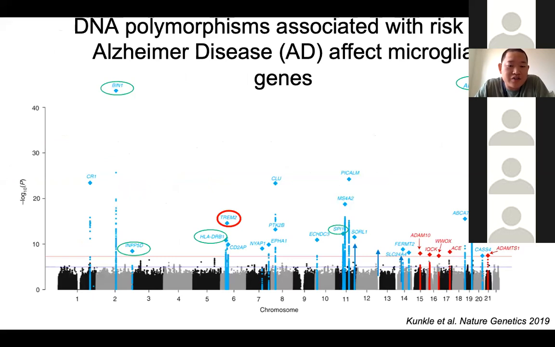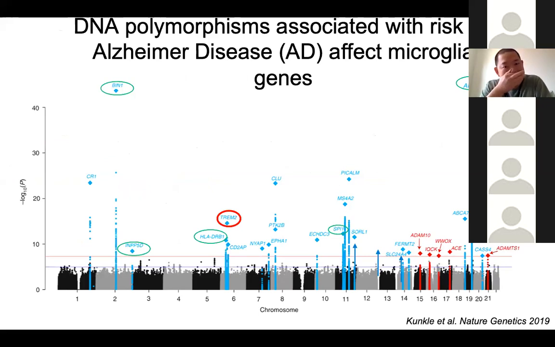Studies of genetic risk for sporadic AD have suggested that microglia not only respond to disease, but also moderate disease course.